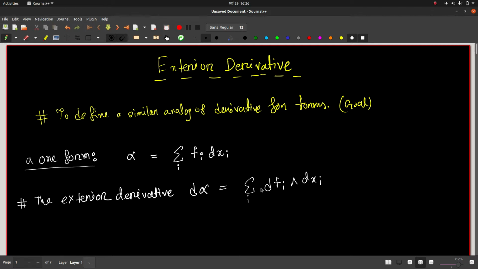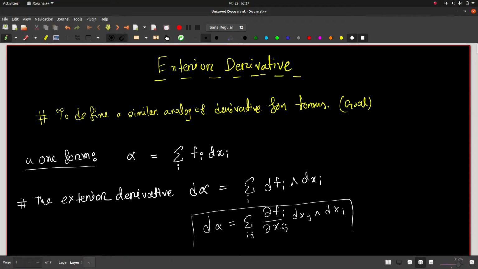And since you know how to take the total derivative of a zero form, that means a scalar function or a vector function, you already know how to evaluate this d of fi. So this will just be the partial of fi with respect to xj, times dxj wedge dxi, and this summation will now go over j. This is how an exterior derivative is defined.